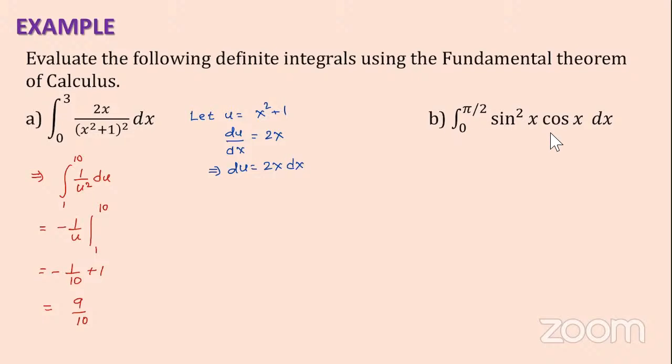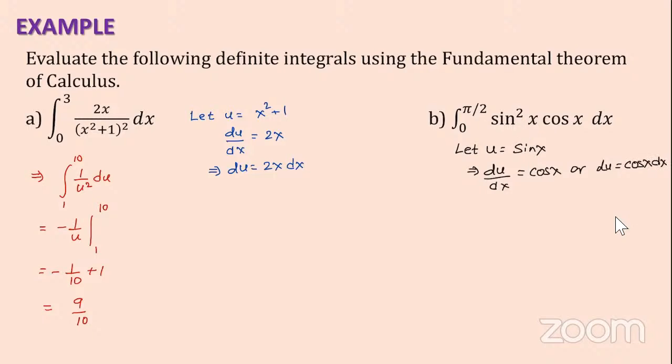In this case, u is equal to sine x. So let me do that here. Let u equal sine x. This implies du over dx equal to cosine x, or we can write du equal to cosine x dx.